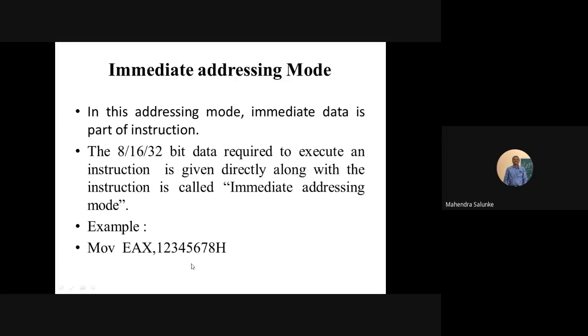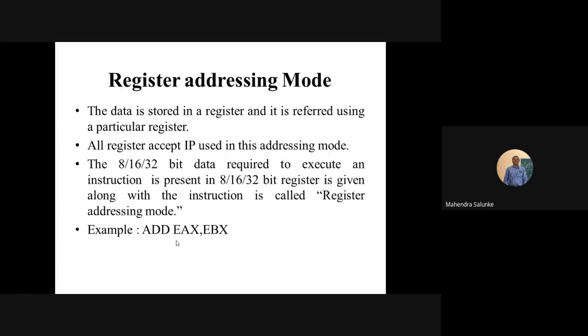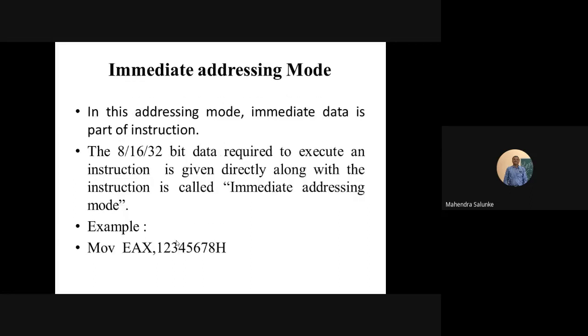So for moving or processing that data, it need not access any other source. Here the data is a part of your instruction, and that's why we call it immediate addressing mode. So these are the basic addressing modes: register addressing mode and immediate addressing mode.